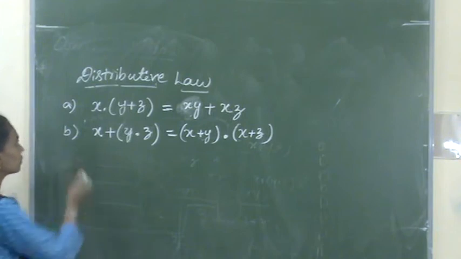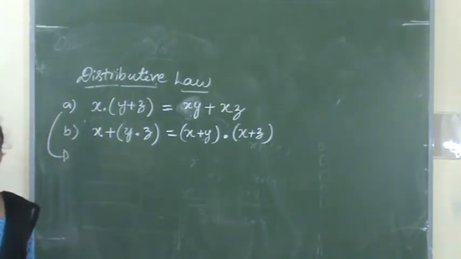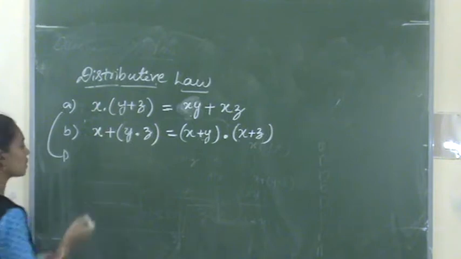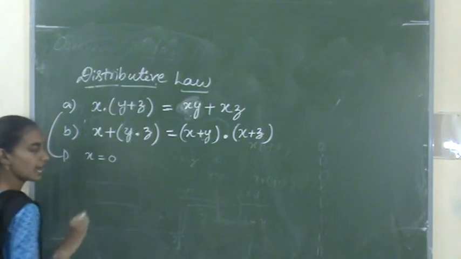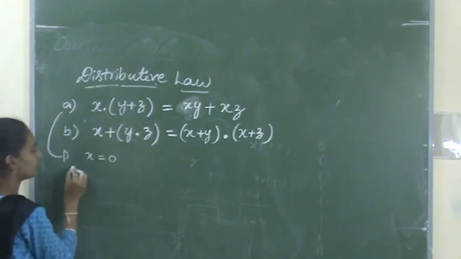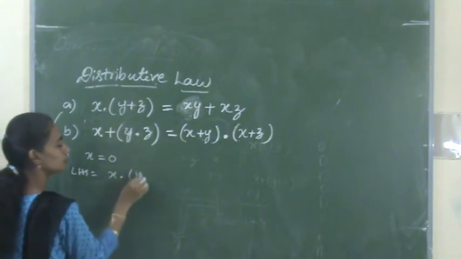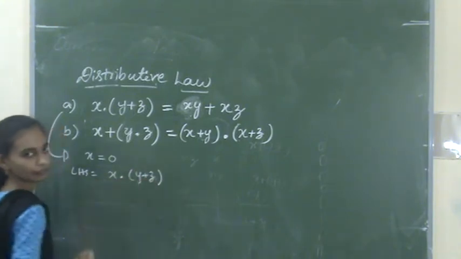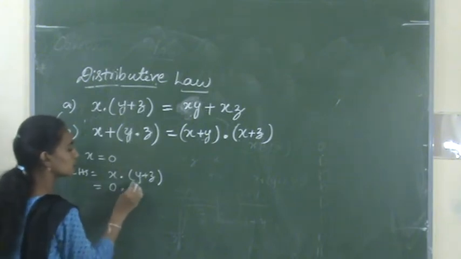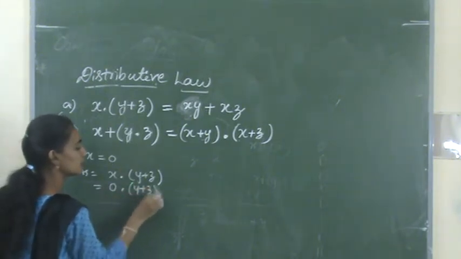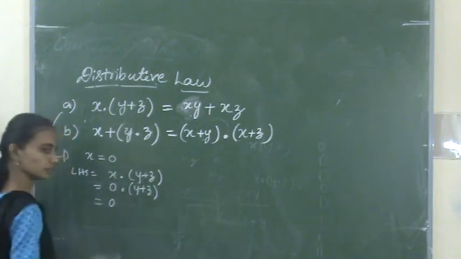So let me prove these theorems with the help of the substitution method and then using a truth table. So how we will perform it: first, we provide the x value as 0. So take the LHS, that is x into (y plus z). So what is the x value? The x value is 0. So 0 into (y plus z). So we know that 0 into anything gives 0 only.